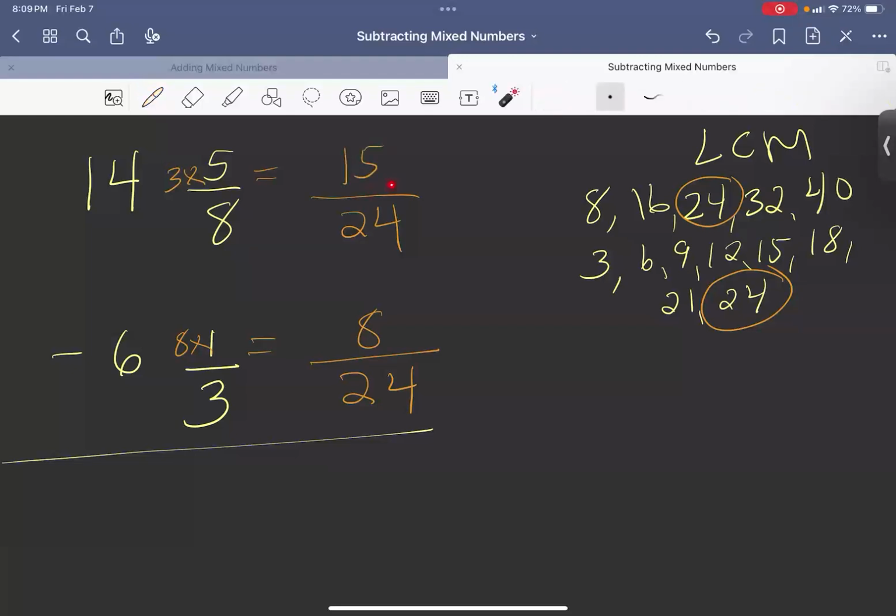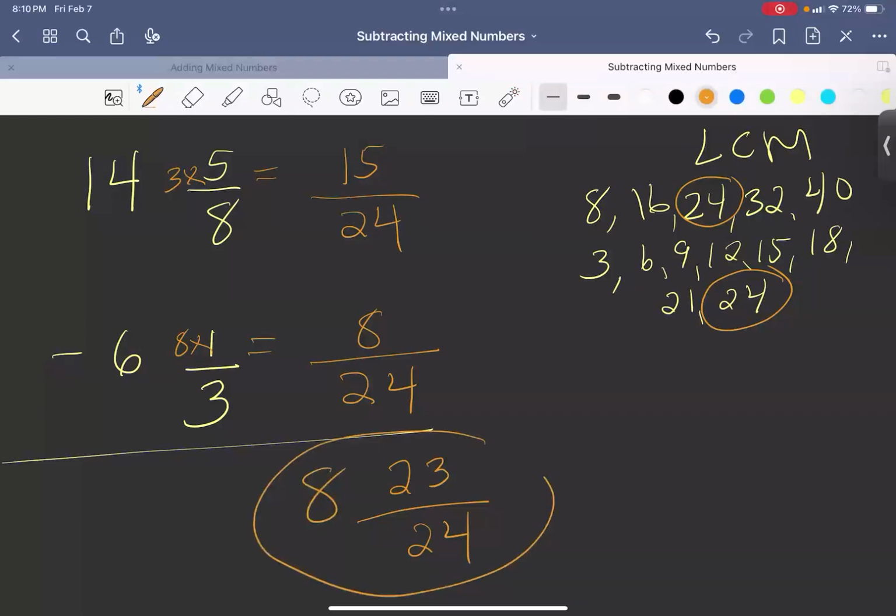Now, the denominators are the same, 24 and 24, so now I can add. 15 plus 8 is 23, and we keep the same denominator, which is 24. And then 14 minus 6 is 8. So our final answer is 8 and 23 over 24.